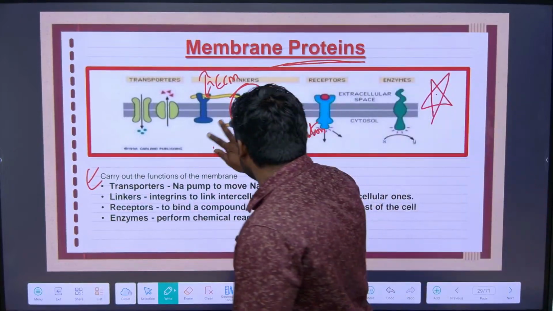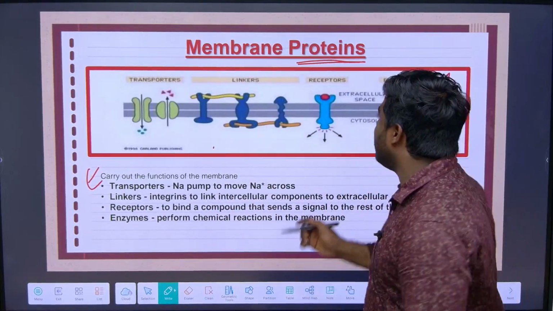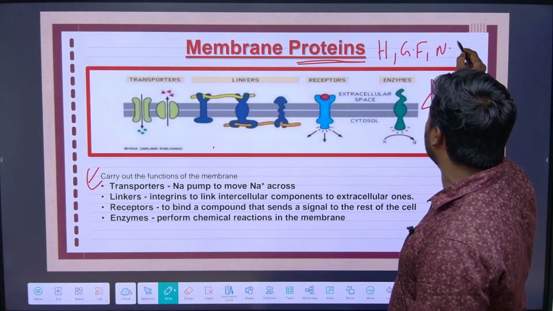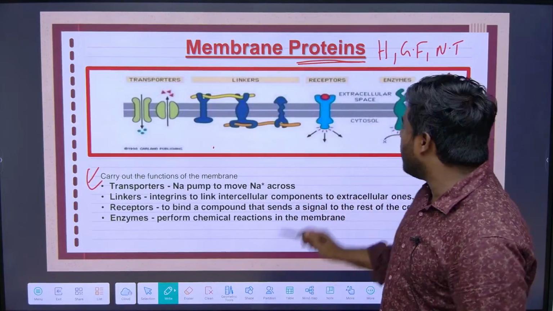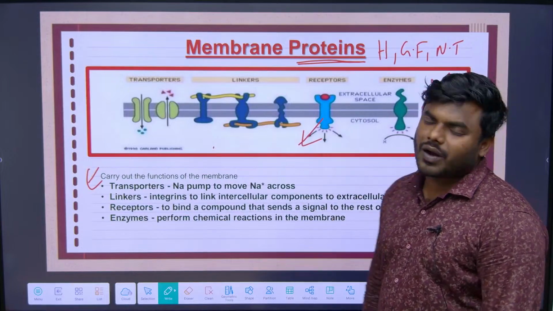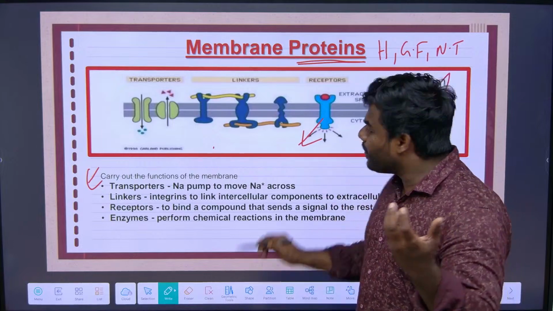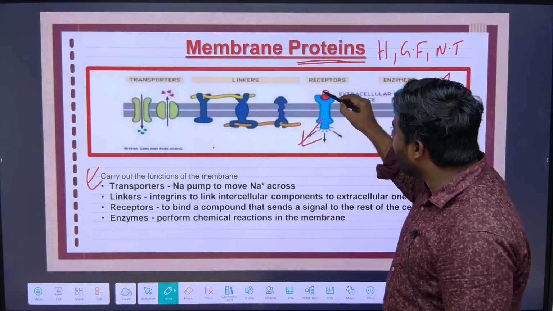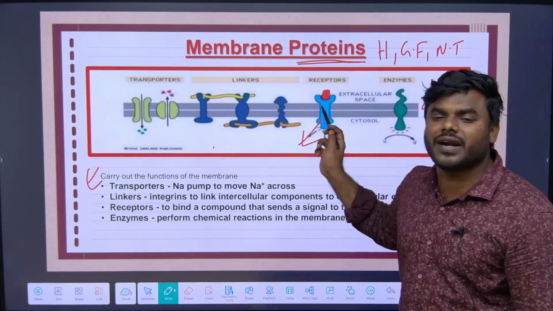And you also know very well, we have read multiple times that in the human body, whether it is a hormone, a growth factor, or a neurotransmitter, any molecule that wants to work requires a receptor. Correct? How can we define a receptor? A receptor is a specialized protein present on the plasma membrane which provides the binding site at which the ligand or signal molecule comes and attaches.